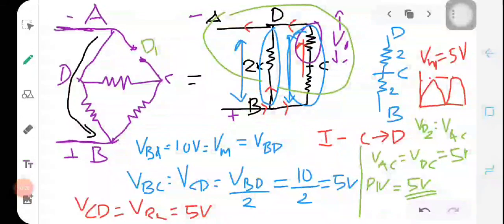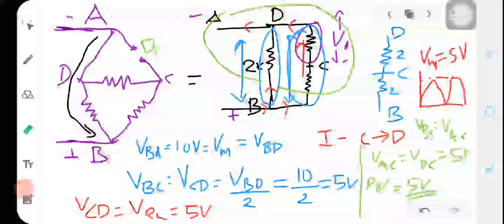Try yourself. The voltage across D1. Here we can see that D1 is reverse biased. So the peak inverse voltage means the voltage across the reverse biased diode.